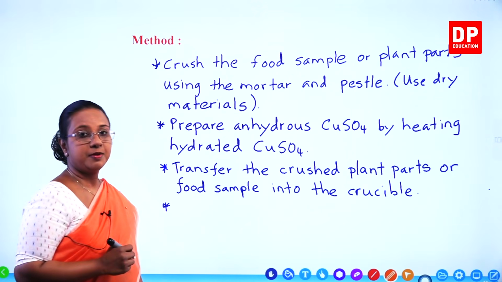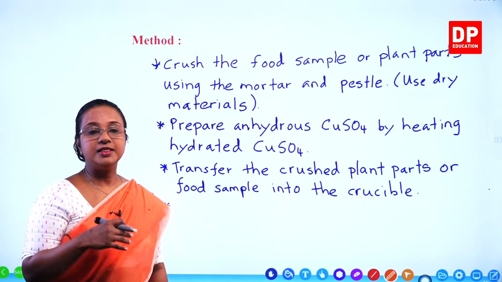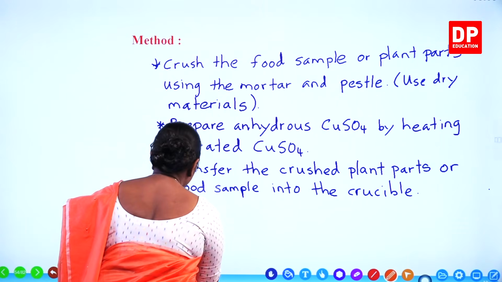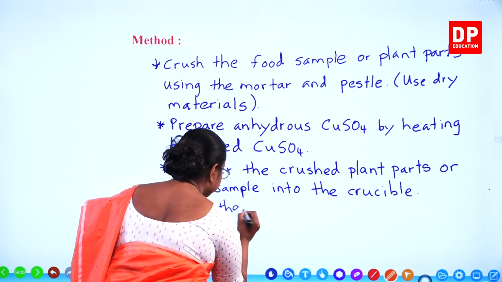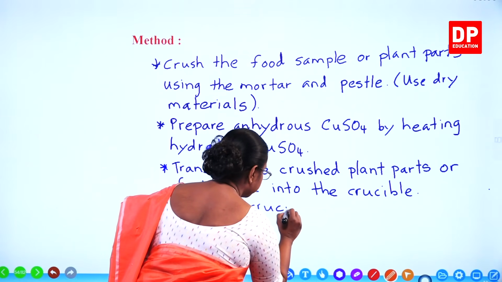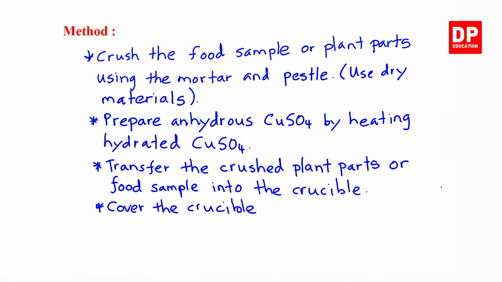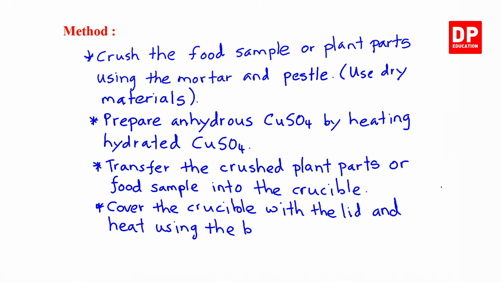Then the next step, we will heat it with the cover. Cover the crucible with the lid and heat using the Bunsen burner.